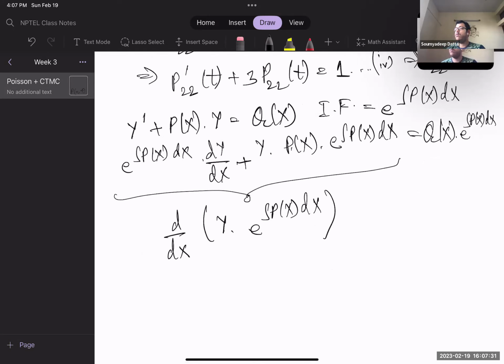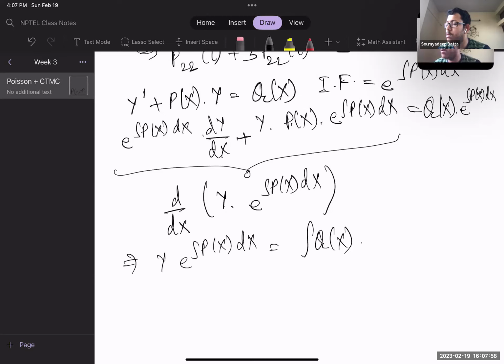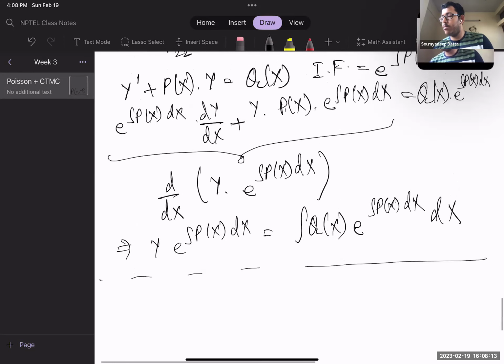Does this make sense? And then you can solve it. So the solution to this will be something like y e to the power integral p of x dx equal to the integral of q of x e to the power integral p of x dx, again integrating over dx, plus whatever constant this integration gives. I just quickly revised it because you will need it to solve these kinds of problems.